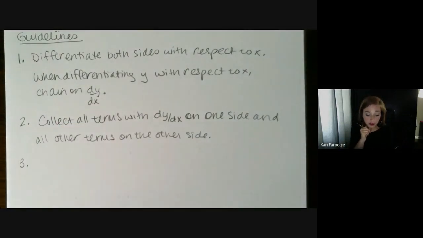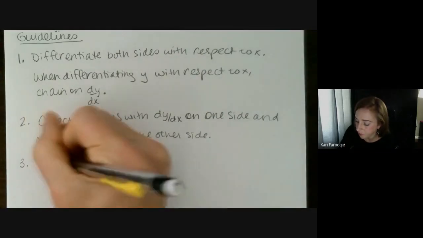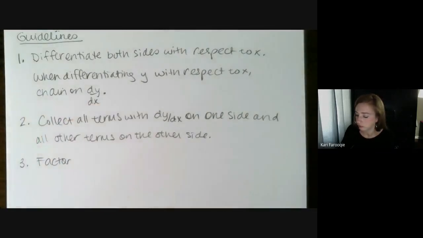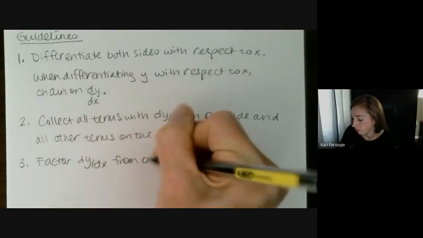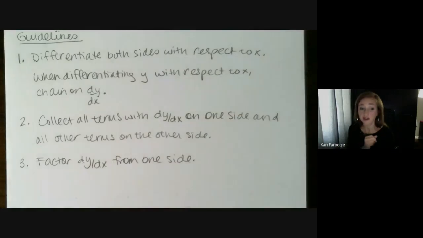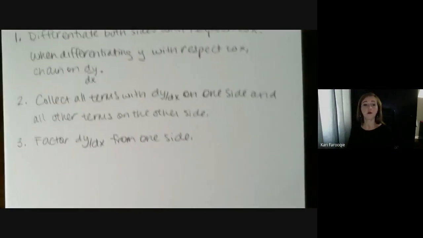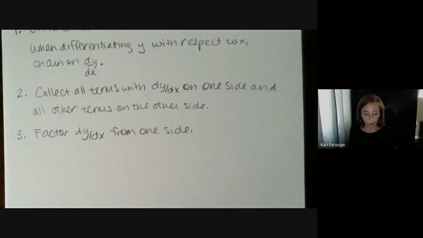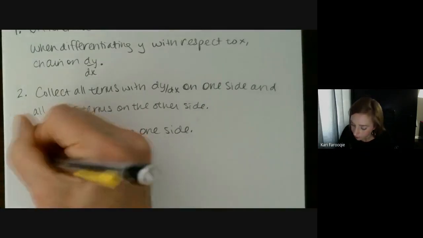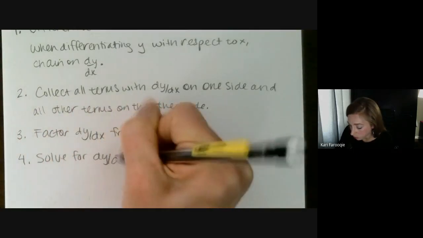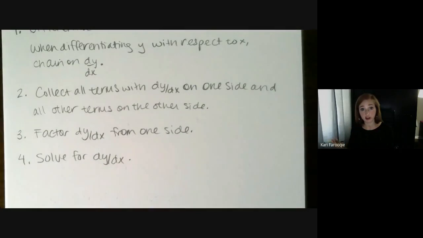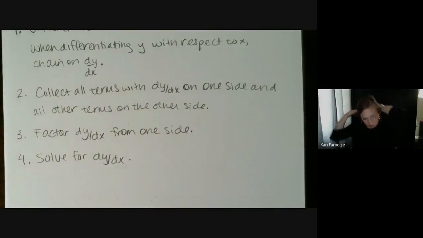Next, you're going to factor dy dx from one side. Whichever side has the dy dx's, you're going to factor it out. And then the last step is solve for dy dx. Because really, in the end, every time we take a derivative, that's what we're looking for, the derivative of y with respect to x.